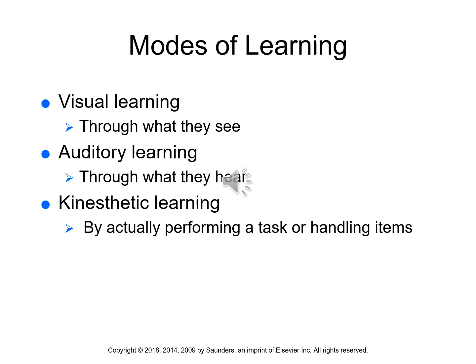All right, so we have different styles of learning as well. And different people have a dominant style of learning in which they learn best. So your different styles, like you have a visual learner, an auditory learner, or a kinesthetic learner. So visual learners learn by seeing something.